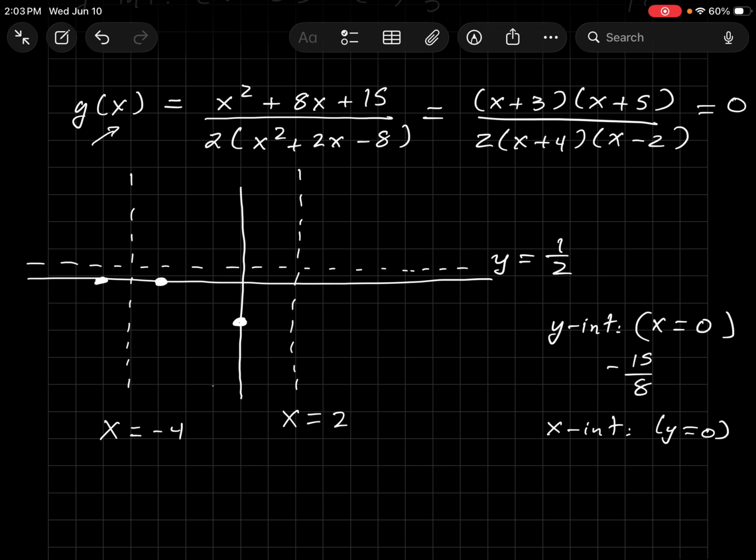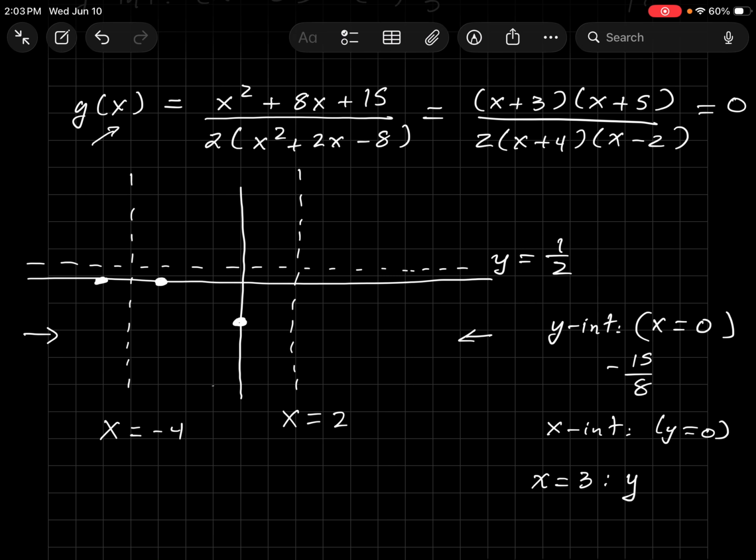And let's find one more point, because I already have a point to the left of my leftmost vertical asymptote. Let's find any value of x to the right of my rightmost vertical asymptote. So let's try, say, x equals 3.